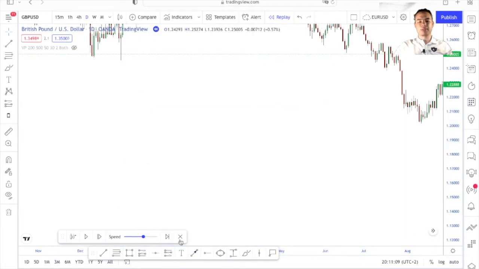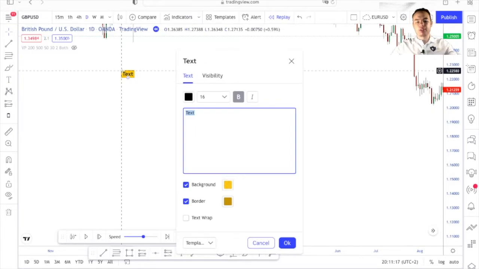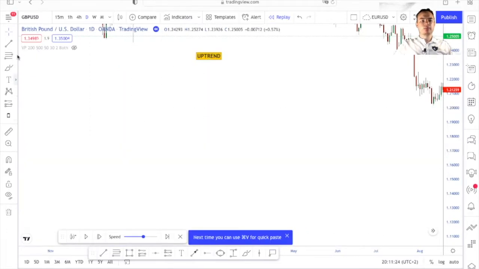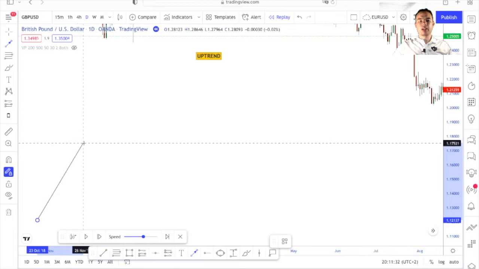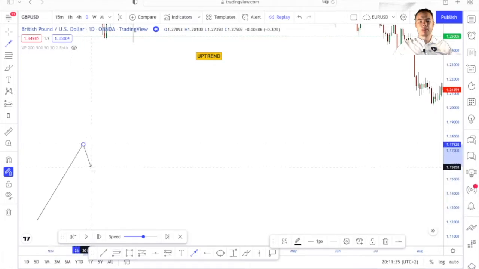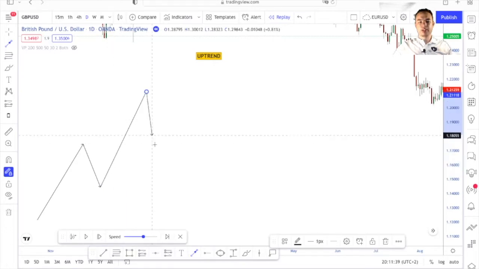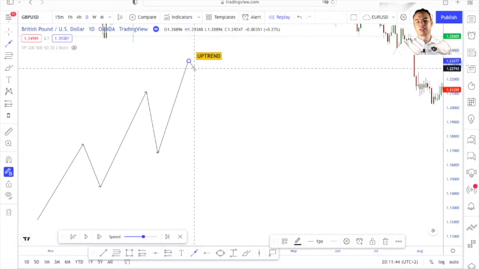So like I said, let's have a look at Fibonacci in an uptrend. Now, I'm going to use an arrow. So, price makes a higher high, higher low, higher high, higher low, higher high, and now let's say it's coming here.